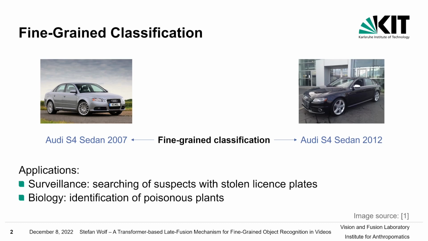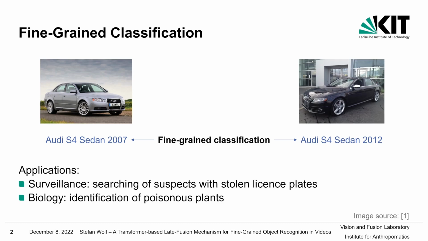So what is this useful for? Here I have two example applications. First, in surveillance, it's really common to search for suspects based on their car. However, criminals tend to use stolen license plates, so they can't be identified by their license plate anymore.